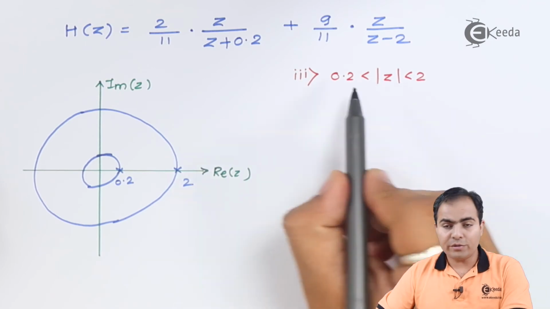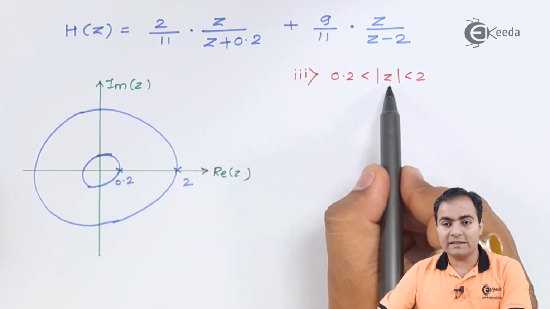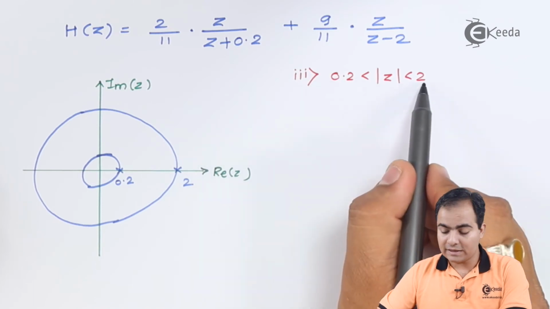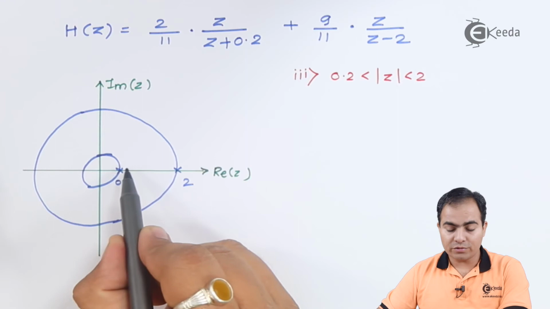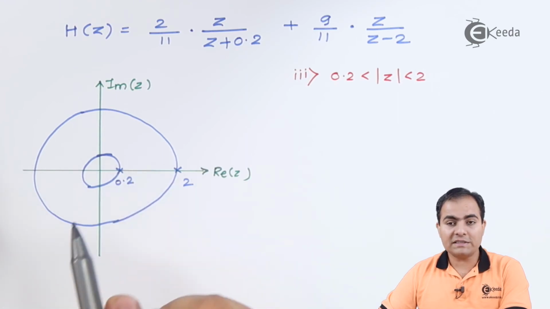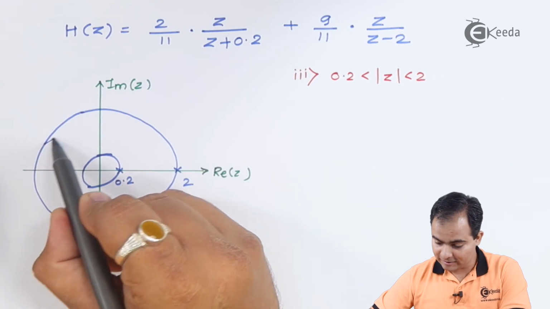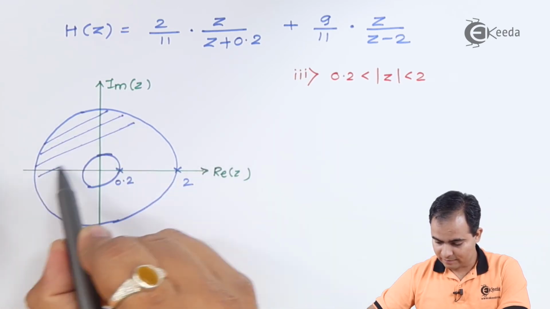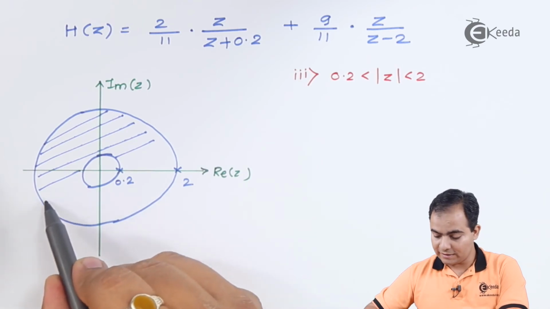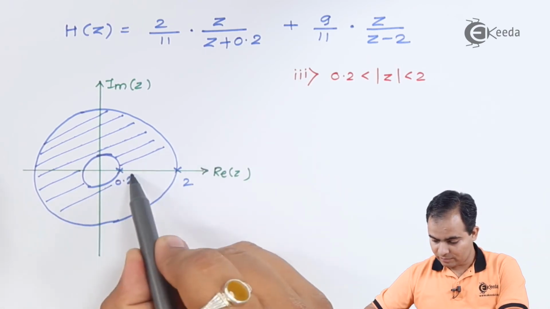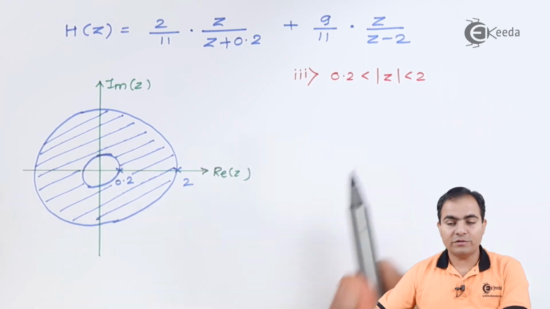According to the ROC, |z| exists between 0.2 and 2, so in between these two circles our ROC exists. So we'll draw parallel lines in between the 0.2 and 2 radius circles. So this is the ROC of the two-sided function.